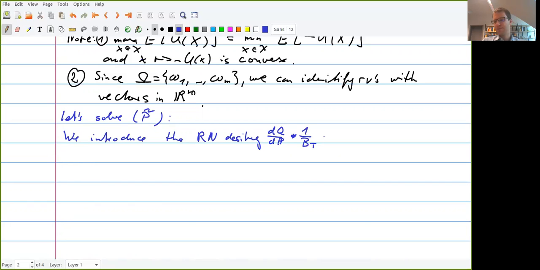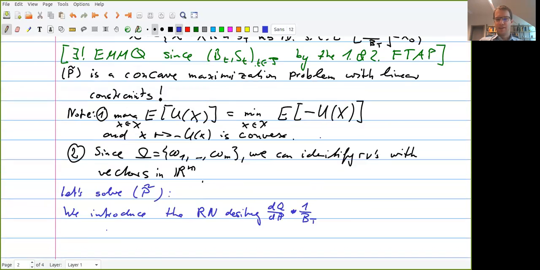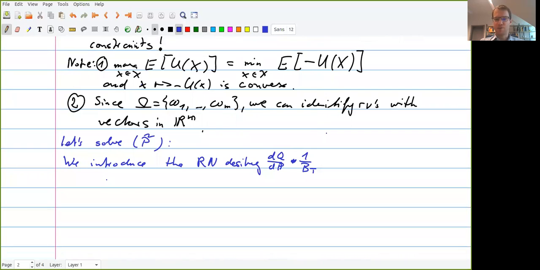So I just want to get rid of the discounting factor, so I multiply with 1 over B, which is the discounting factor you have here and there as well. Since here I don't care so much about discounting, let me put it into the Radon-Nikodym density, and then it's called the state price density.